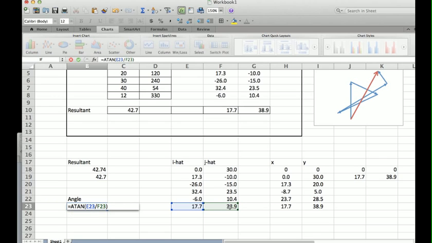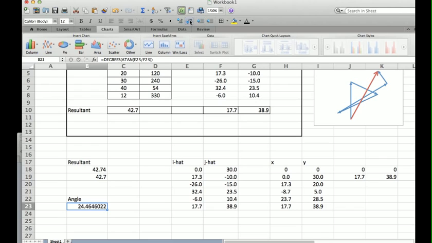Now remember, that's going to give it in radians, so we want to turn it back into degrees. So what we want to do here is equals DEGREES of the ATAN, because that'll put it back into degrees for us, because we want this in degrees. So I click return, and hopefully that's right.